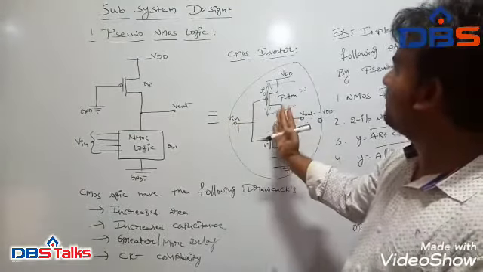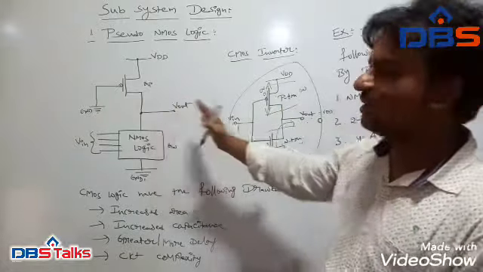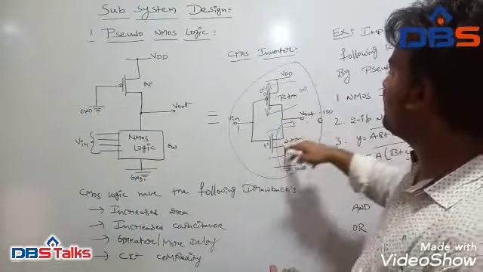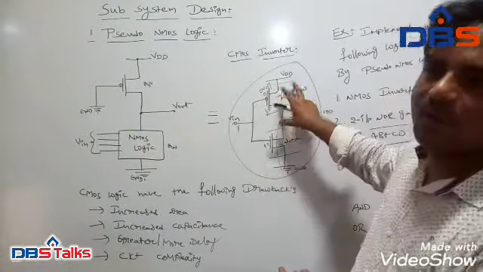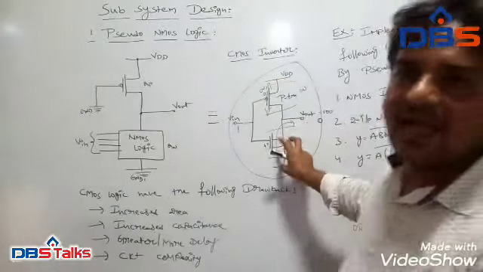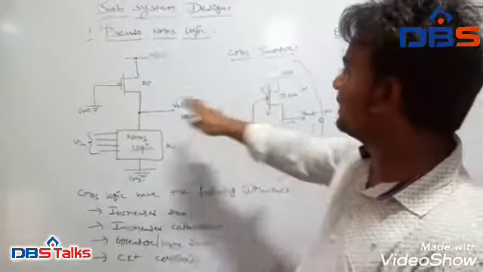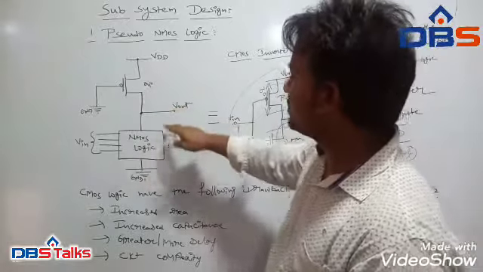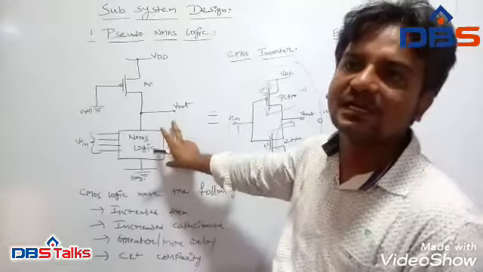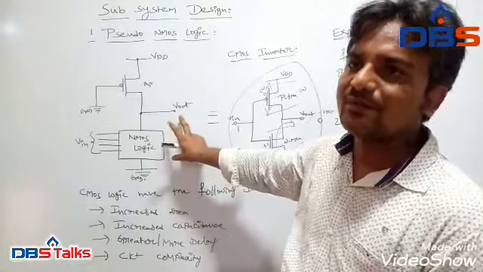Comparing CMOS and pseudo NMOS logic, in CMOS any logic we implement requires both P-type and N-type transistors. But in pseudo NMOS logic, we implement the logic using only NMOS transistors.